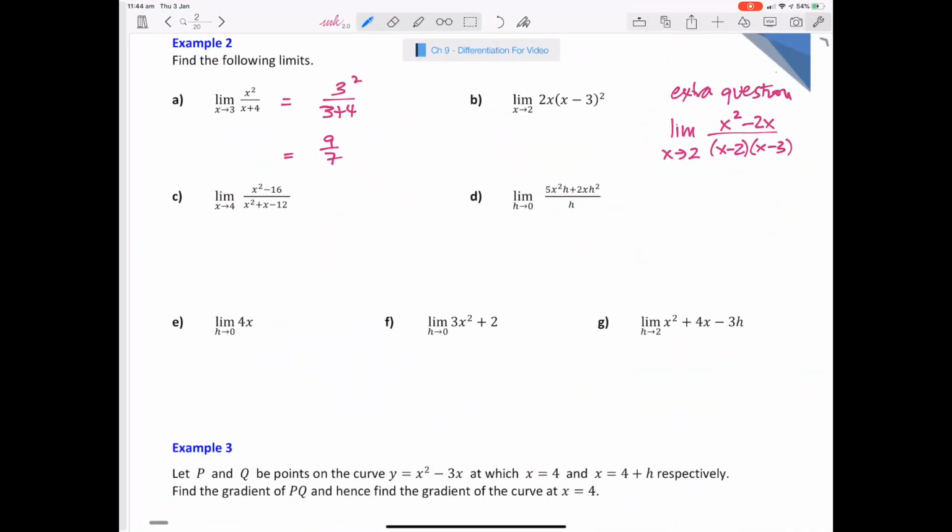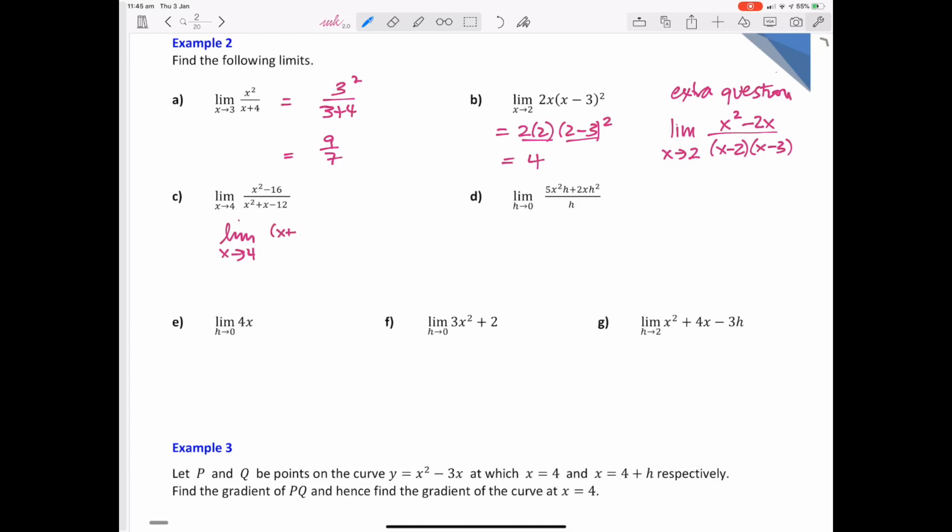Okay, here we're going to get 2 times 2, 2 minus 3 squared. 2 times 2 is 4. Negative 1 squared is 1, so it's 4. This one here, the thing you've got to look out for is if the bottom, when I sub 4 into the bottom, equals 0, then it would be undefined. But let's have a look here.